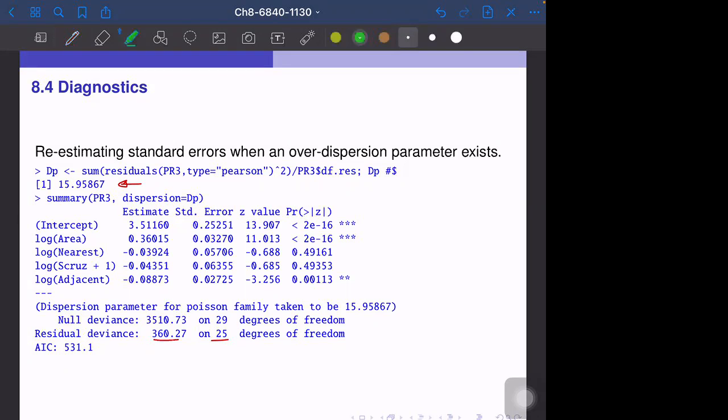Still, these variables are important and significant, but here the distance to the nearest island actually does not matter. So possibly the best model is the number of species on intercept, log of area, and log of the area of the adjacent island.